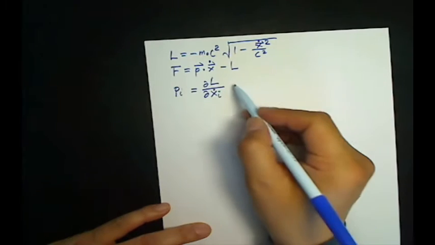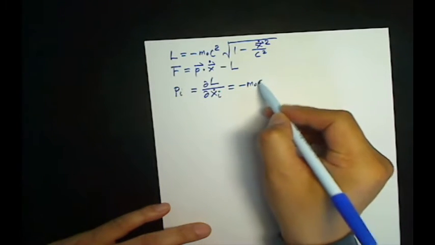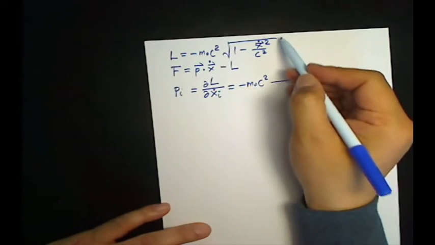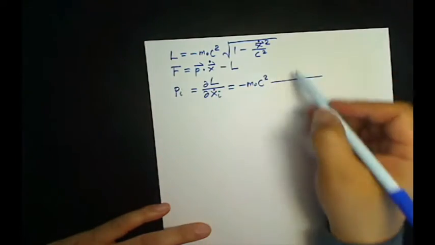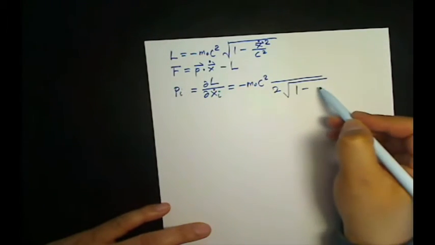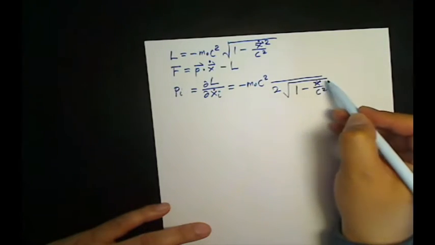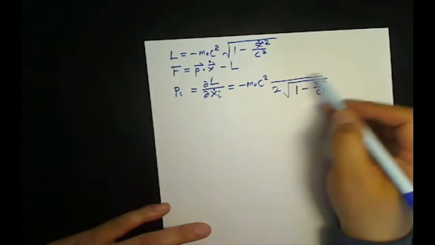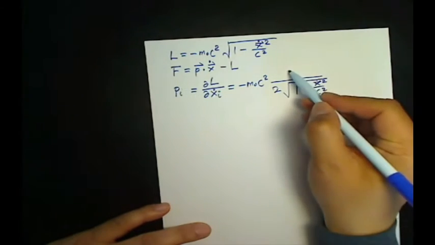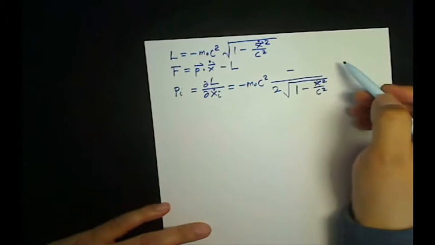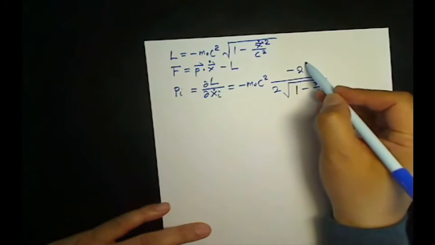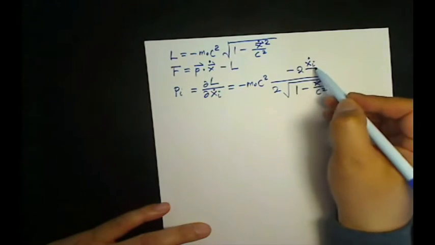If I take this derivative, I have m0c squared, and by the chain rule, the square root has power one half. Taking the partial derivative with respect to xi dot, we have minus two xi dot over c squared.